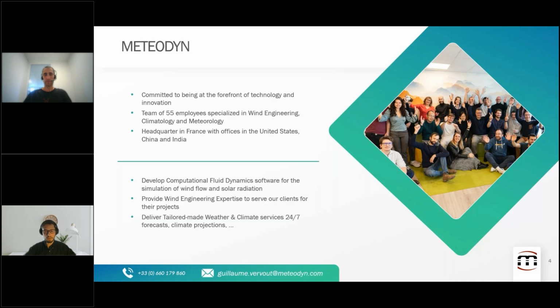Today, our aim is to develop software around CFD, especially for wind flow and solar radiation. We provide wind engineering expertise to our clients and their projects, especially if you are on the urban side, as an architecture office, urban study plan, or for comfort analysis or wind analysis around a project. And today we deliver tailor-made studies and climate services all over the world.